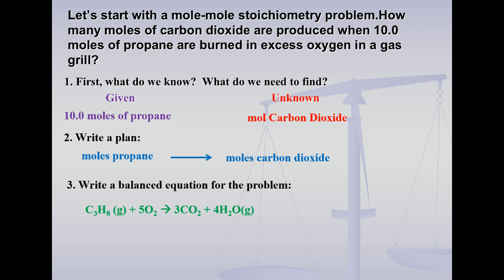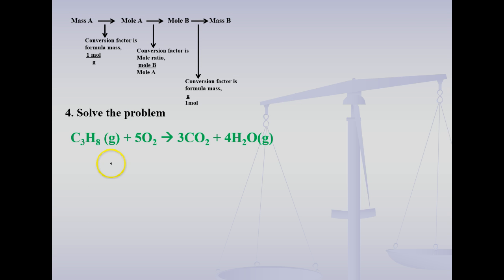Next, we need to solve the problem. We're given moles of one substance, and we're asked to find moles of another substance, so we're looking at this part of our general plan. The only conversion factor we need is the mole ratio, which comes from coefficients in our balanced equation. Start with your given, 10.0 moles of propane.